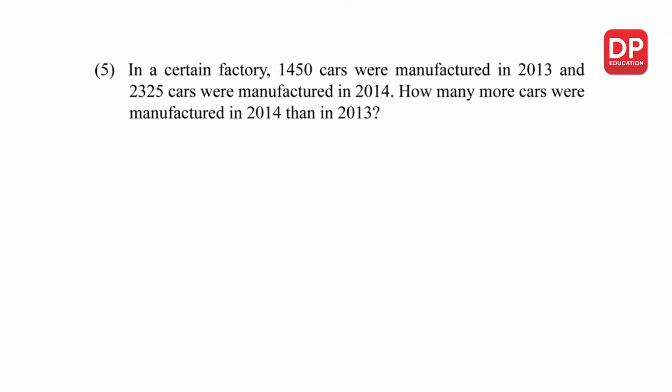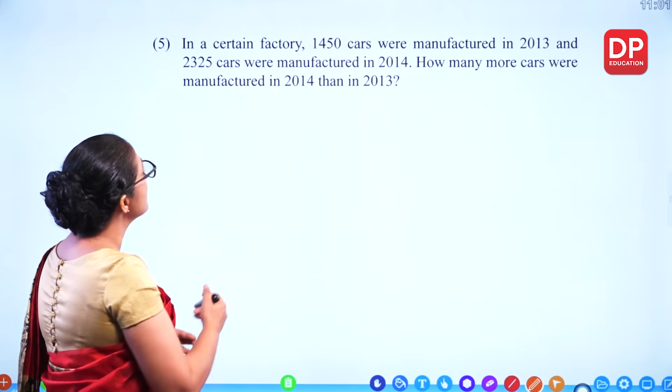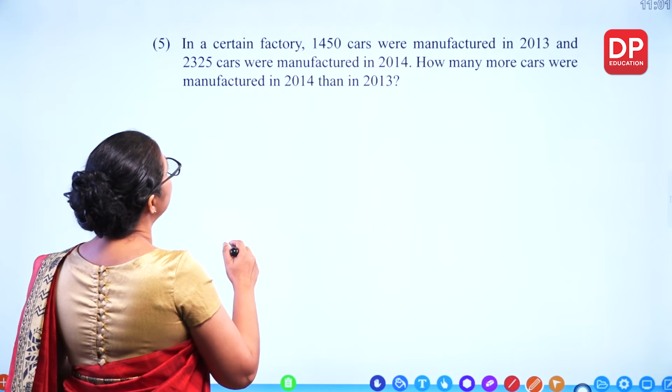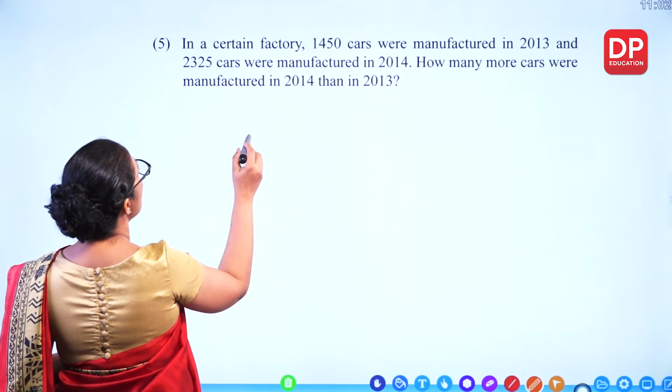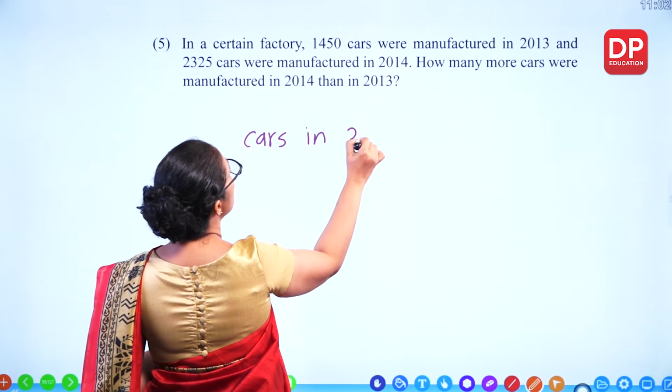Question number 5. In a certain factory, 1,450 cars were manufactured in 2013 and 2,325 cars were manufactured in 2014. How many more cars were manufactured in 2014 than in 2013? This is also subtraction. So you can first find out the cars in 2014.